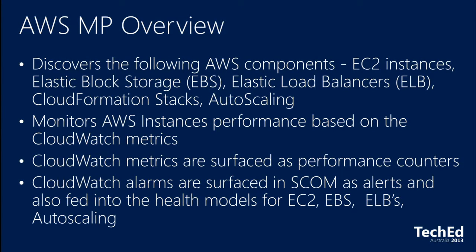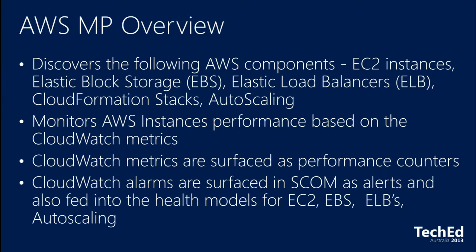So the Amazon management pack allows you to look at your EC2 instances, the block storage that sits underneath it, any load balancers that you might have in Amazon, any CloudFormation stacks that you have set up as well, and any auto scaling. So it basically discovers all those components, and it uses CloudWatch to pull in all the metrics regarding those services.